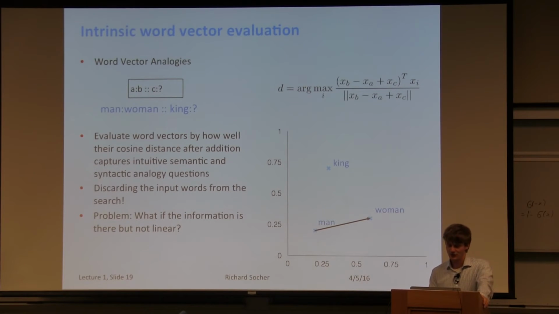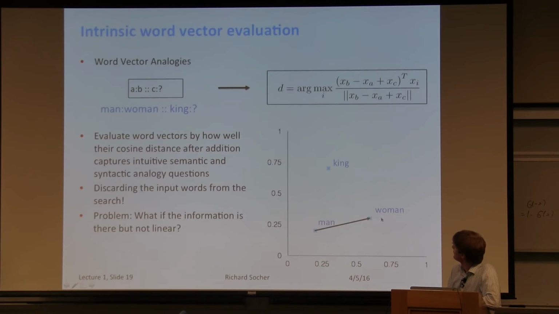So if we take, for instance here, the vector difference of man minus woman, and we get this vector here, and we did the same thing for king, then ideally up here, our word vectors would have placed queen. And so we can essentially just use here this cosine distance after all these additions, and we find the argmax, the vector that maximizes essentially this cosine distance. It's a normalized inner product.